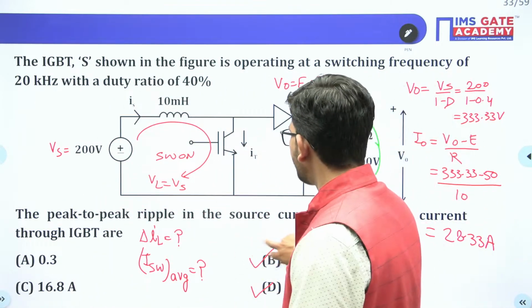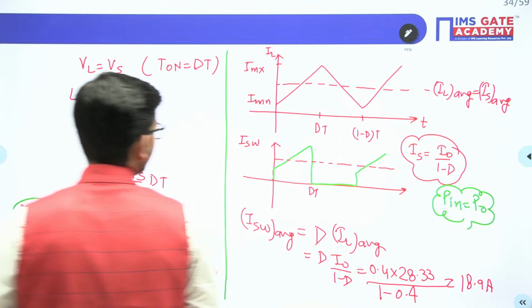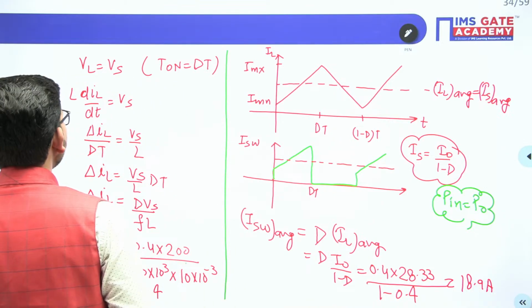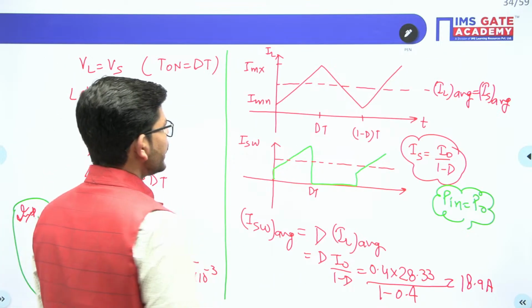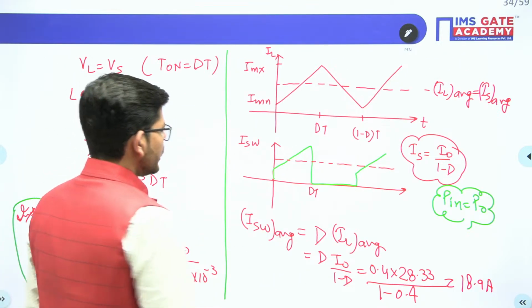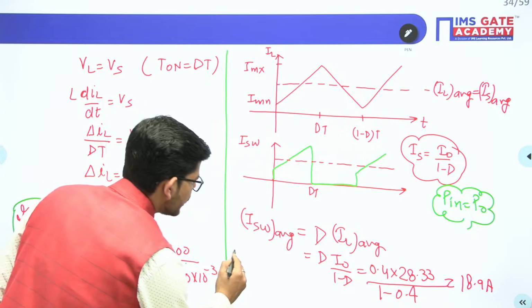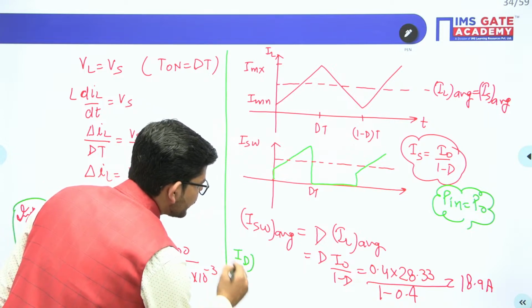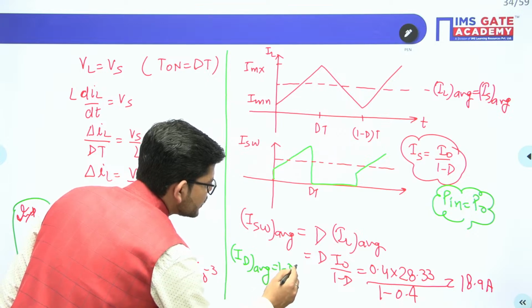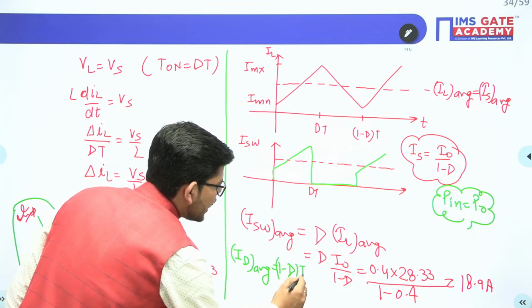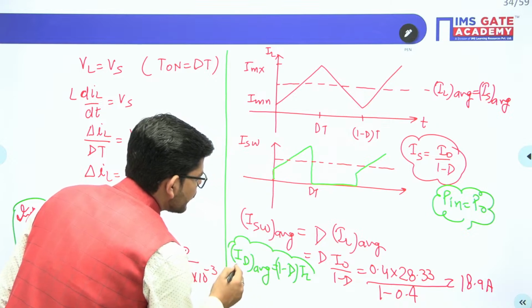Now guys, we have calculated the average switch current here. If suppose we would have been asked to calculate the average diode current, then what would have been the formula? If diode average current would have been asked, the formula would become 1 minus D times the IL average, okay?